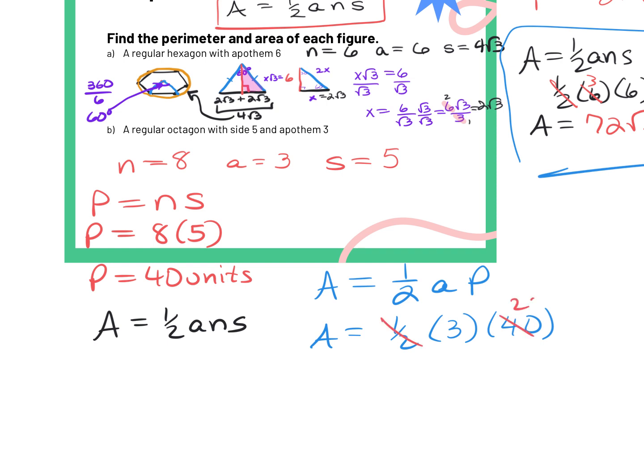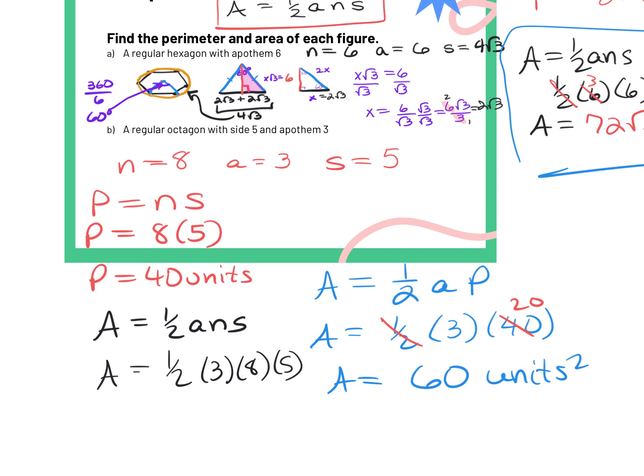So then this would become a 20, and then the area will be 60 units squared. If you did it over here by not calculating the perimeter ahead of time, you would do 3 times 8 times 5, and then divide it by 2 or multiply by 1/2, and you still get 60.